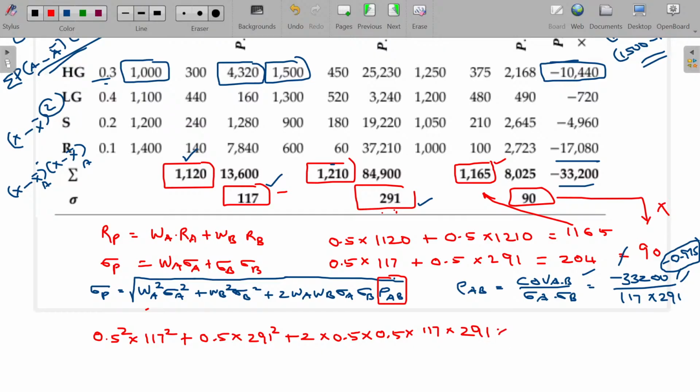Don't forget to multiply with the correlation coefficient between A and B you have calculated, which is minus 0.975. This will be the variance, standard deviation of the portfolio square.